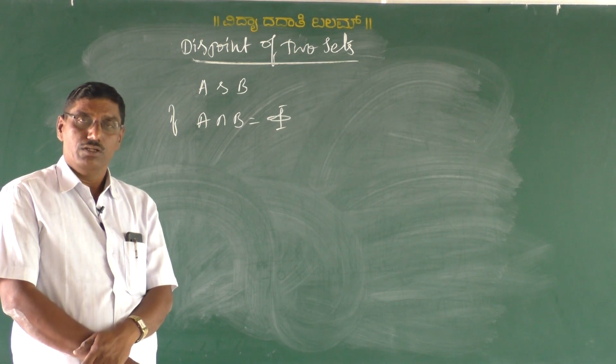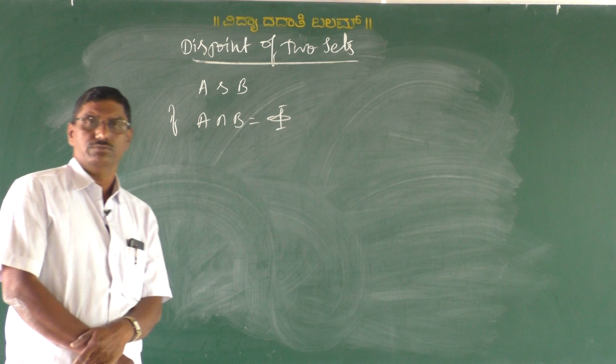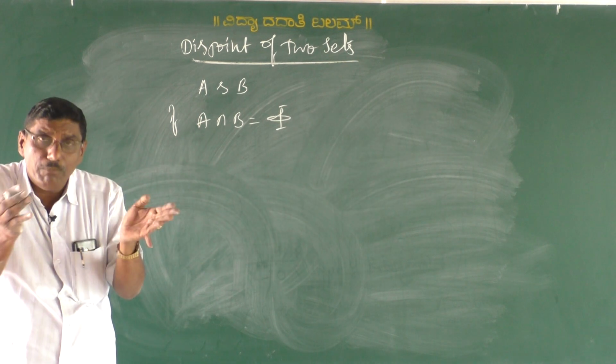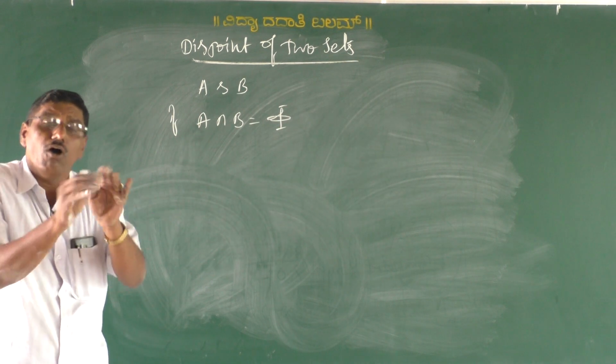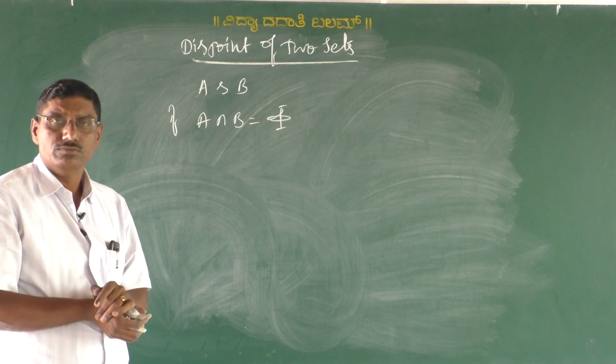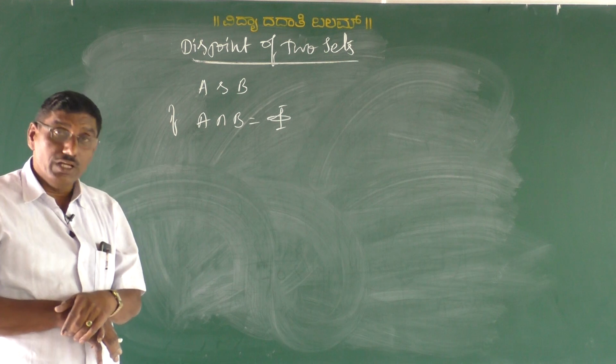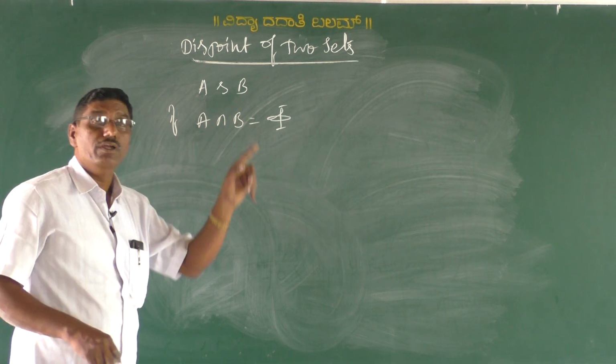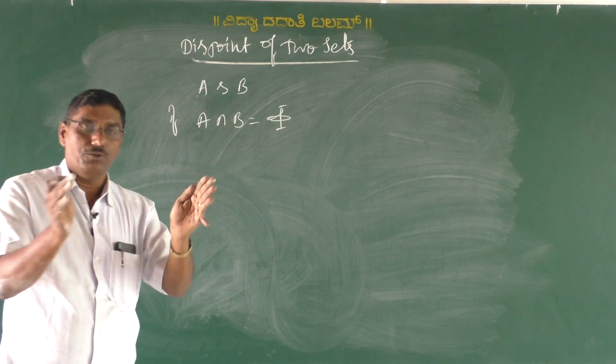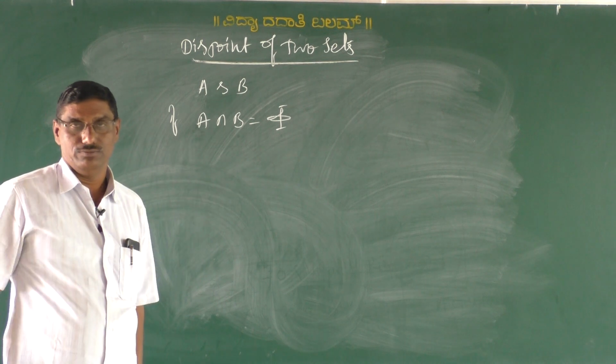That means if there are no common elements in these two sets A and B, then we say A and B are called disjoint sets.